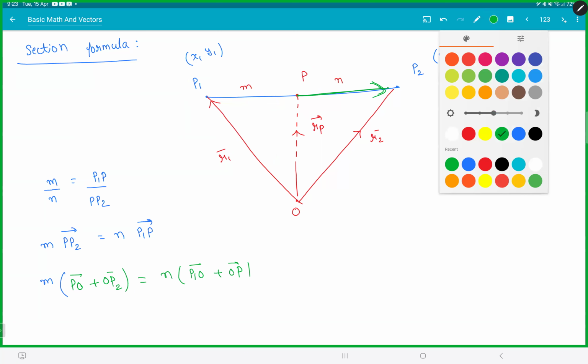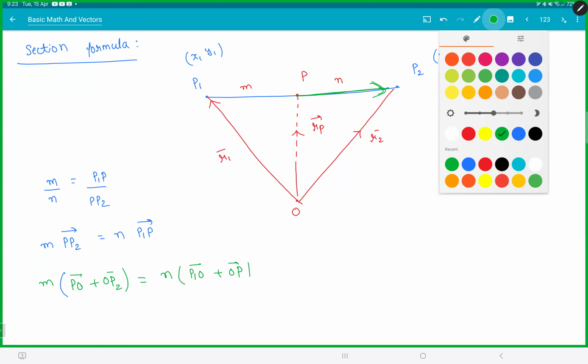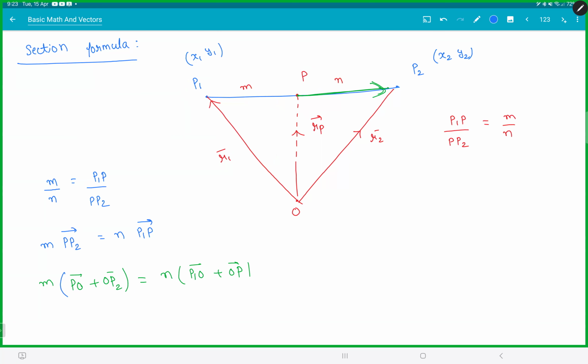Yeah, and you can just rearrange the terms here. What is PO bar? PO bar is minus RP, because we said OP is RP bar. OP2 is R2 bar.